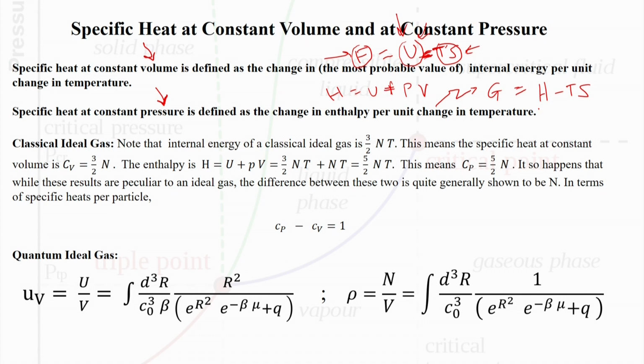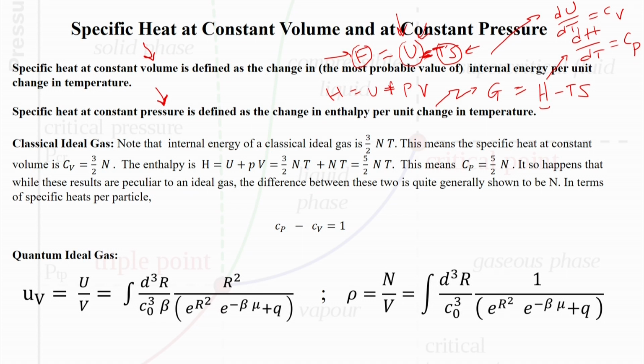So, the role played by the internal energy in the case of constant volume is taken up by enthalpy in the case of constant pressure. This would correspond to specific heat at constant pressure, and the rate of change of internal energy with respect to temperature is called specific heat at constant volume.